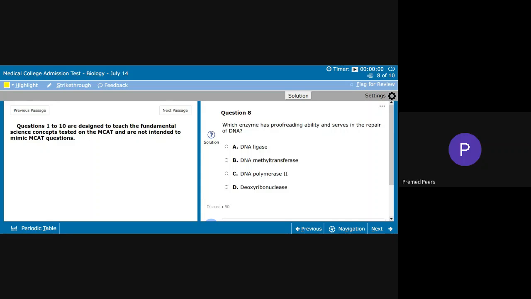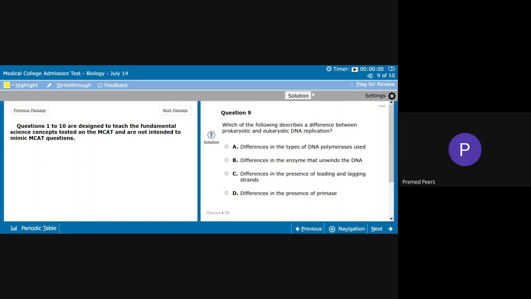A whole lot of C's in this one. Exactly. If you see those Greek characters, you should be thinking eukaryotic, definitely.